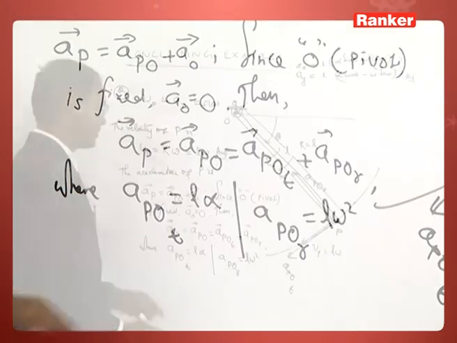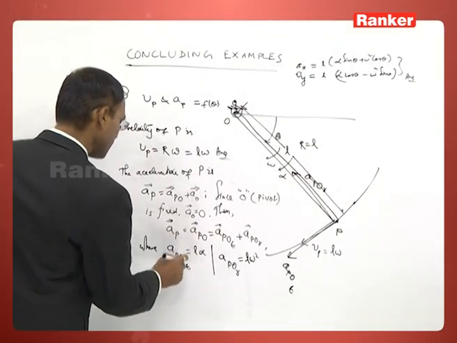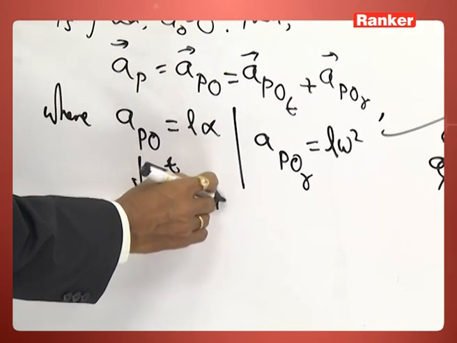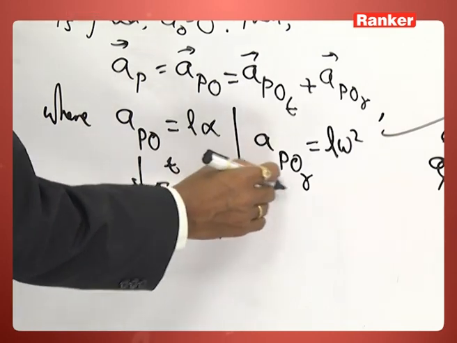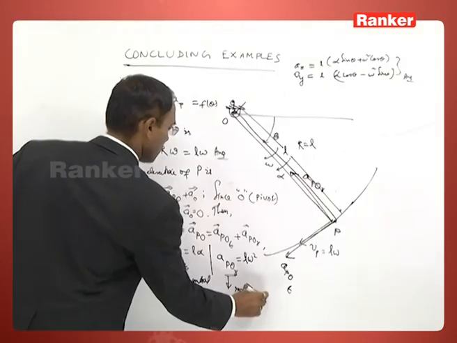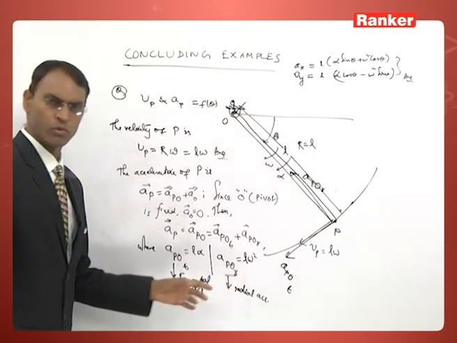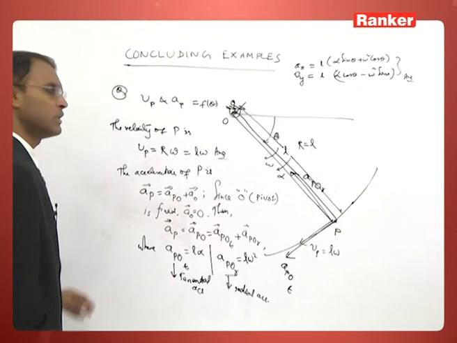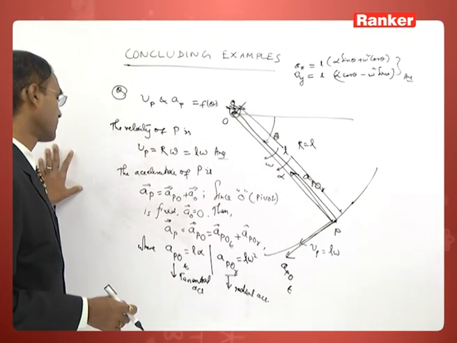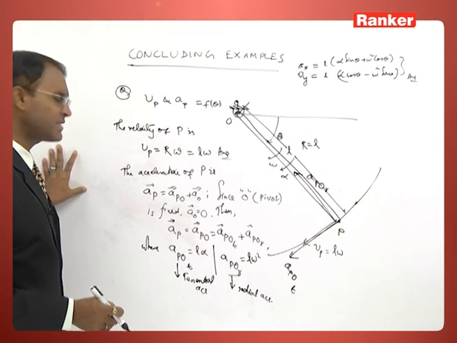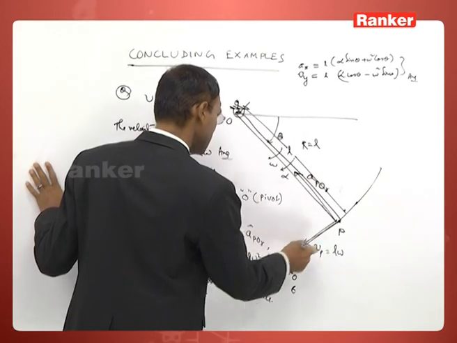This is called tangential acceleration, and this is the radial acceleration. This can easily be understood by using the concept of kinematics of circular path. When the particle moves with a tangential acceleration, this is the tangential acceleration, this is the radial acceleration.